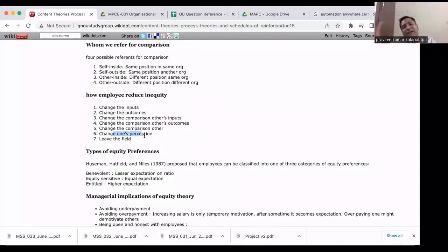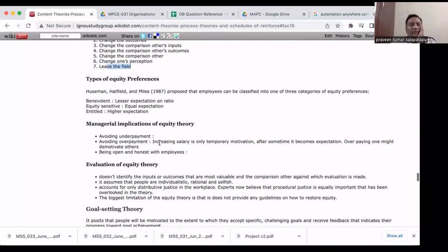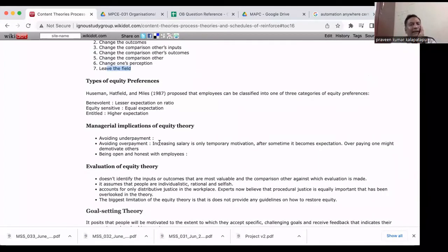I mean, I don't care about salary. I am doing a better job than this. So I will change the perception altogether. Right? Or else I will just leave the field because I'm just a highly demotivated, dissatisfied, pessimistic person. I just leave the work. I will not do that job anymore because I feel that I'm being biased against by society, right?